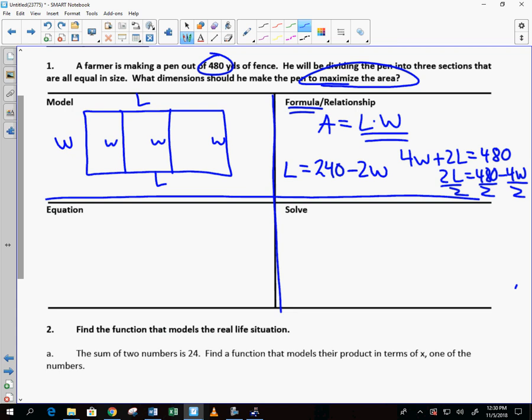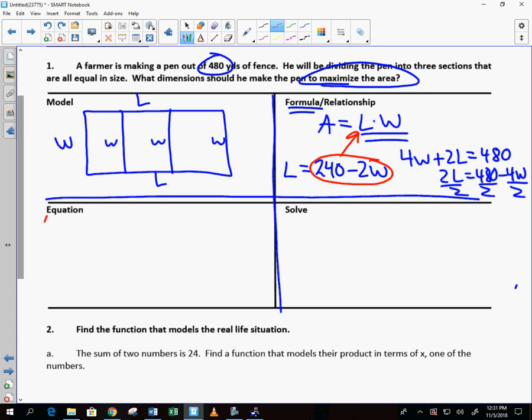What do you think I do with that? Plug it in where? Yeah, we're going to take this, which is L, and plug it in right there. So now the L variable goes away. What's the only variable left?